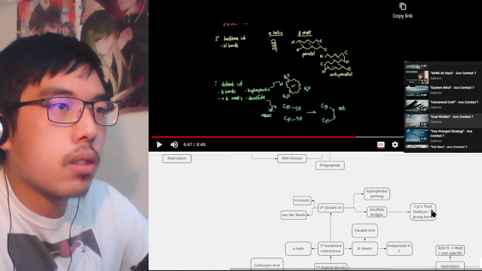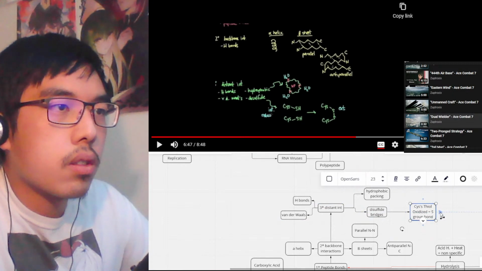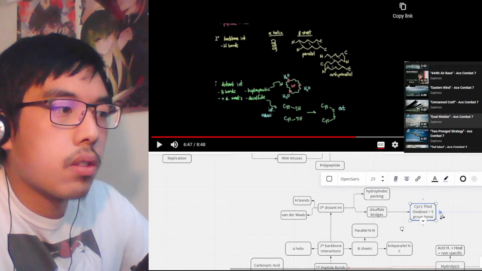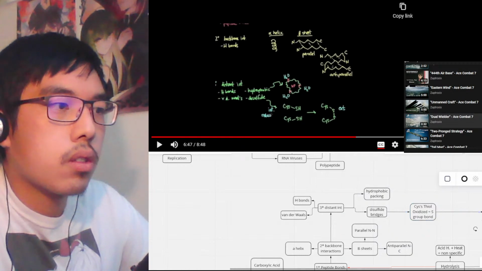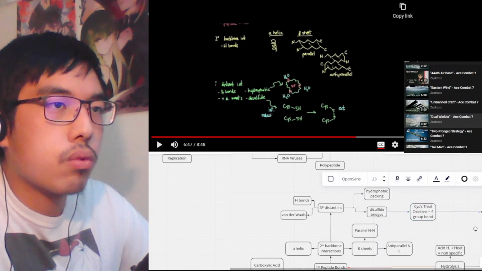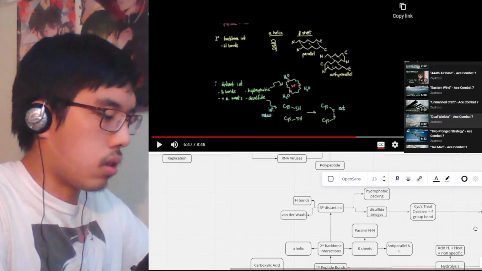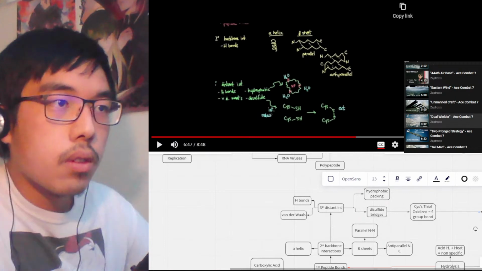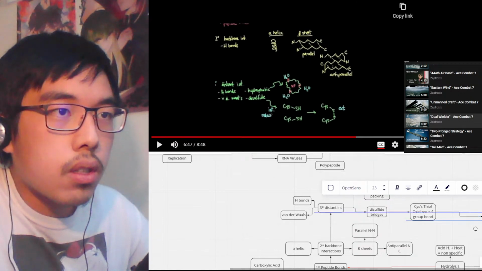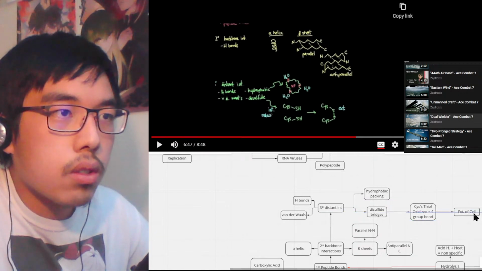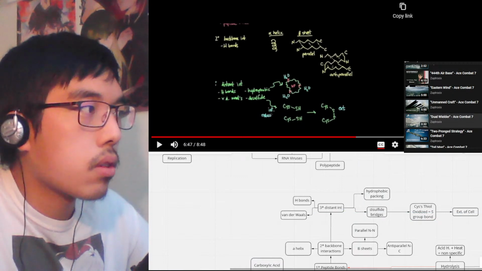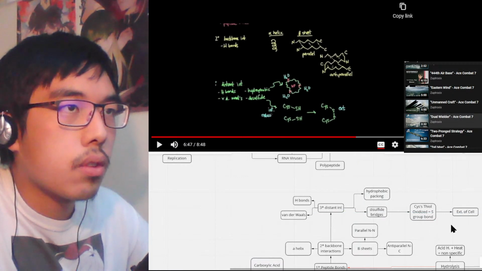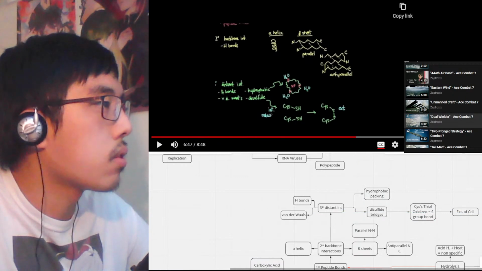So this would be cell exterior. Then interior cell is going to have... Uh-oh.